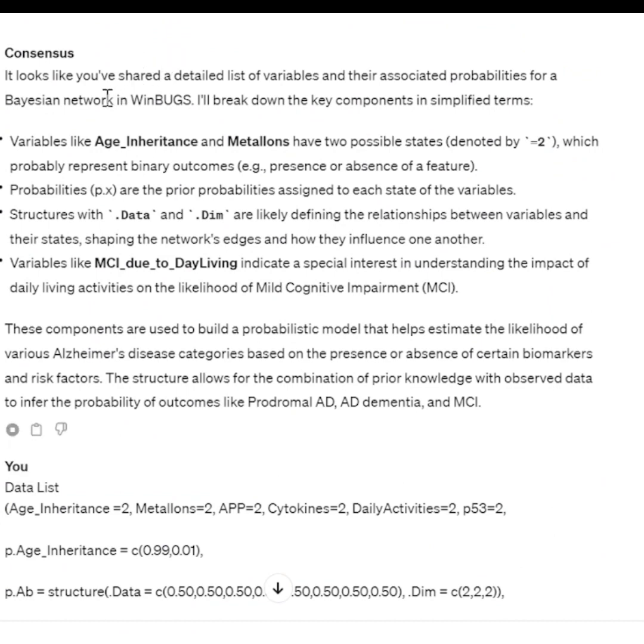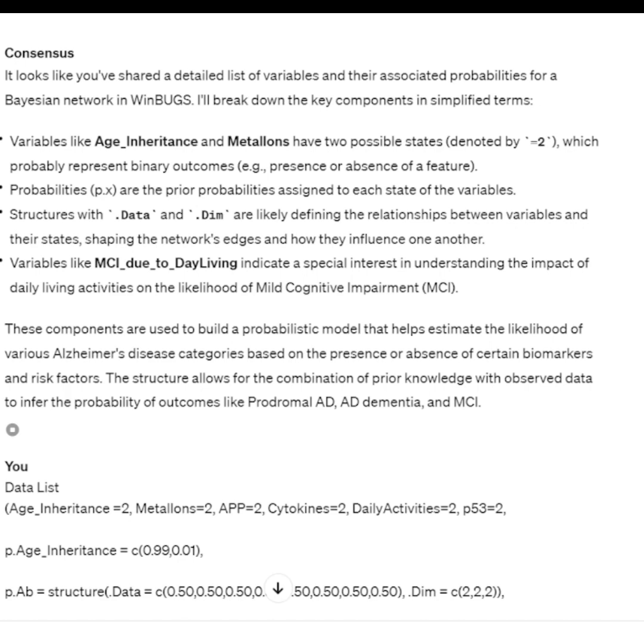It looks like you've shared a detailed list of variables and their associated probabilities for a Bayesian network in WinBUGS. I'll break down the key components in simplified terms. Variables like age, inheritance, and metal ions have two possible states, denoted by =2, which probably represent binary outcomes, e.g., presence or absence of a feature. Probabilities, p.x, are the prior probabilities assigned to each state of the variables. Structures with .data and .dim are likely defining the relationships between variables and their states, shaping the network's edges and how they influence one another.